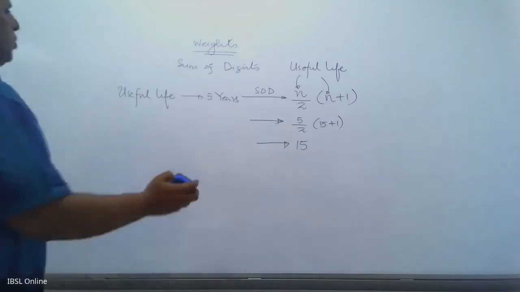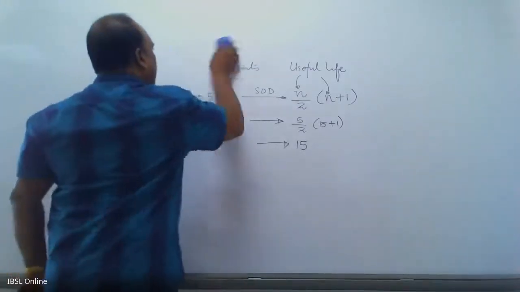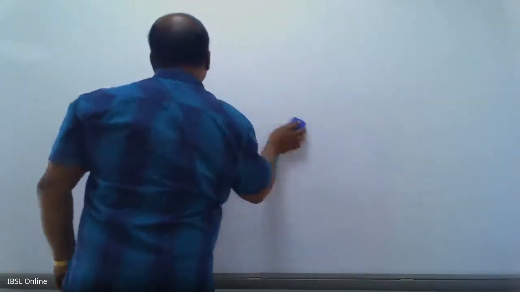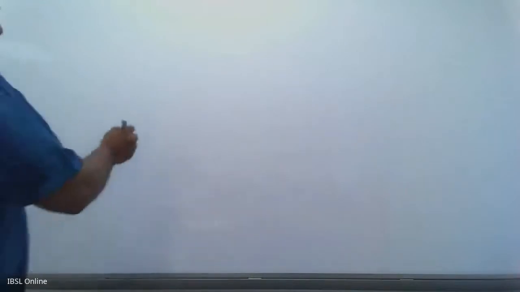Right. So now we have calculated the sum of digits. Now let's go to the question. Even in the question it is 5 years, so what we have calculated is the same. They say PQR company purchased computer equipment for 180,000 on 1/1/2016. So it's very easy, I think.